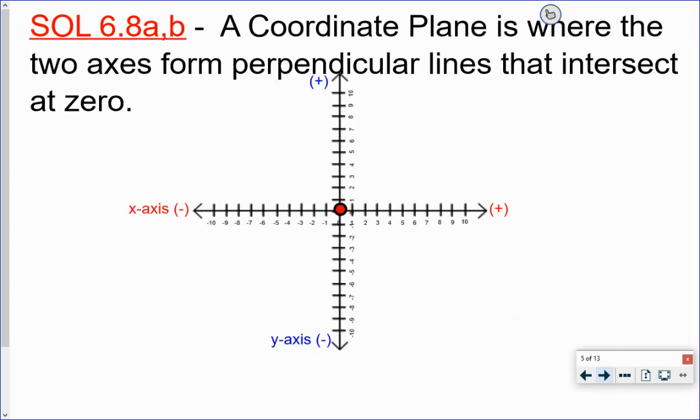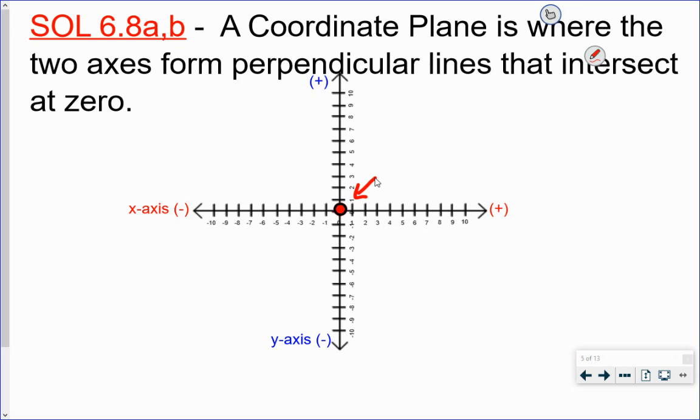So this is what they look like together. The two number lines form perpendicular lines. Remember, a perpendicular line makes a perfect T. And they intersect at 0, okay?